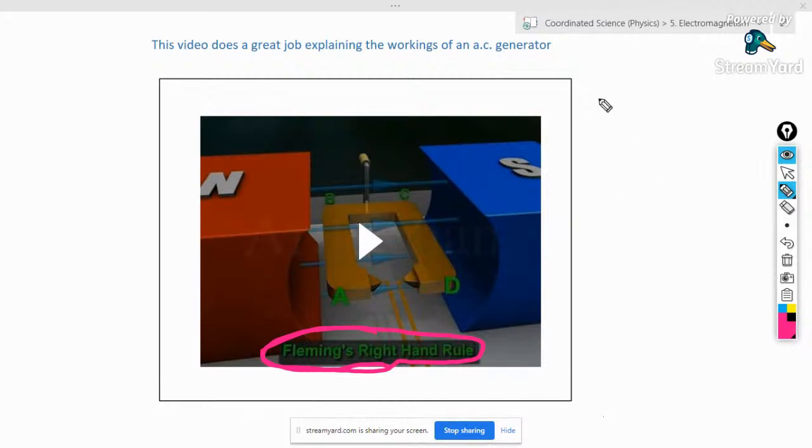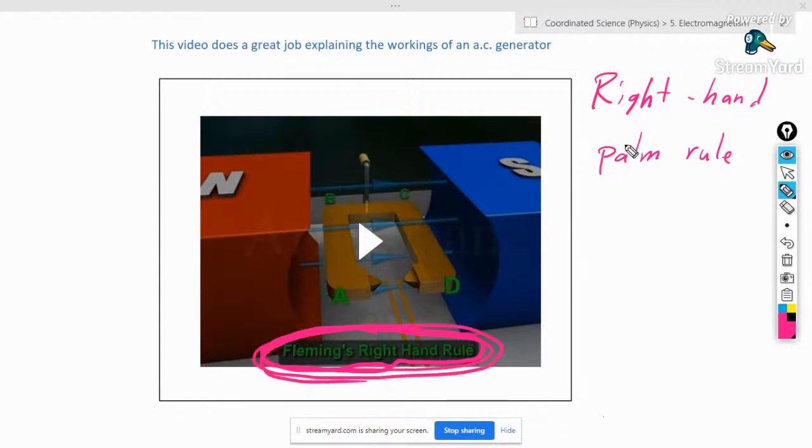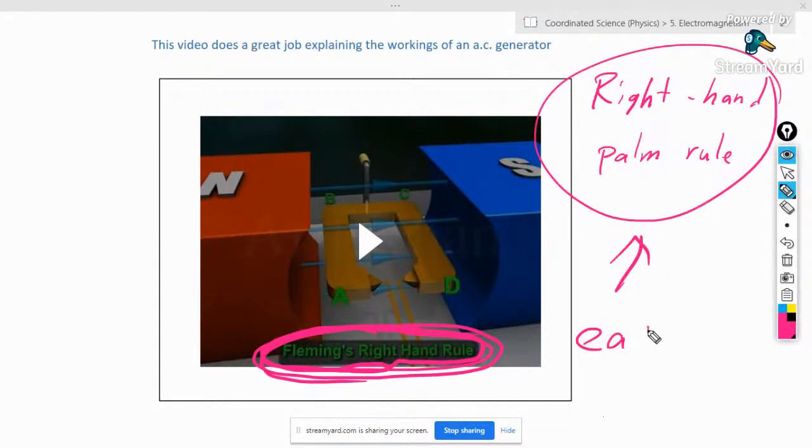But what we use is the right hand, I call it the right hand palm rule. And that's where the palm of your hand points in the direction that the current would flow. Here, they use Fleming's right hand rule. You'll see, though, that it gives you the same answer as the right hand palm rule, only this one is much, much easier.